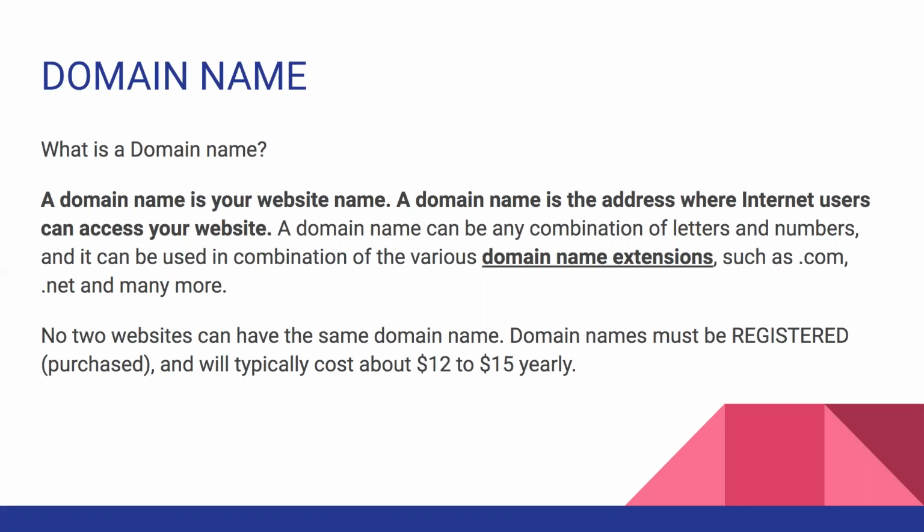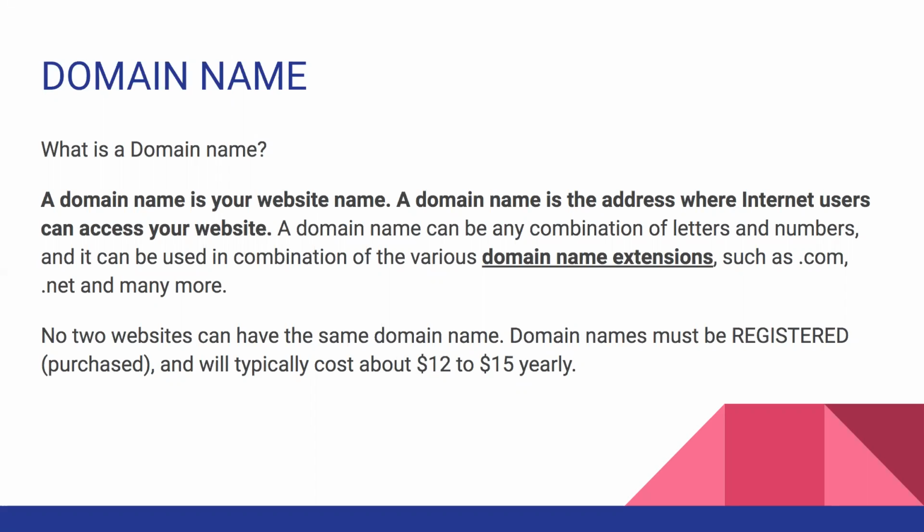Yeah, a lot of them. .design. And we'll actually look at a lot of them. All right, so no two websites can have the same domain name, because they would be clashing, right? Because they're changed into numbers, that's why they can't have the same name, right?